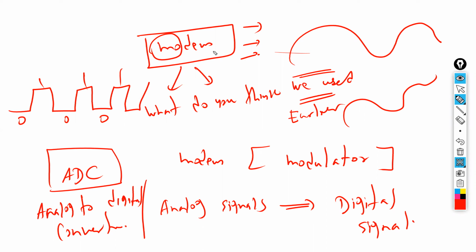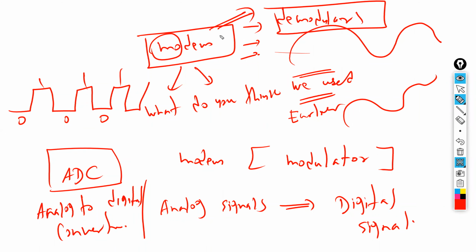The other one is this one, demodulator. Demodulator means what?